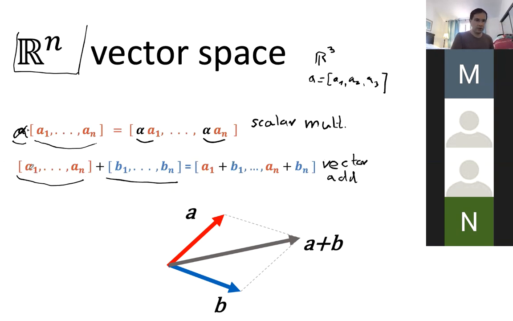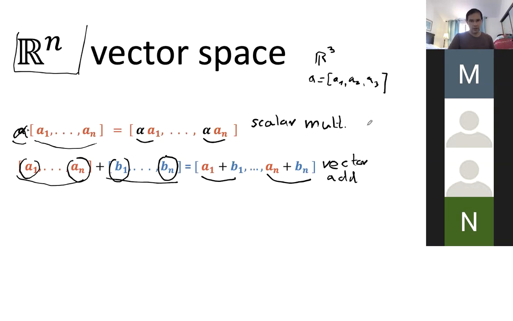I'll take the first component of the first vector and the first component of the second vector, and add them together. This is the first component of this new vector, a plus b, and so on and so forth. The nth component of the first vector, I'm going to add to the nth one of the second vector. That will give me the last component of this new vector, which is the sum of those two.